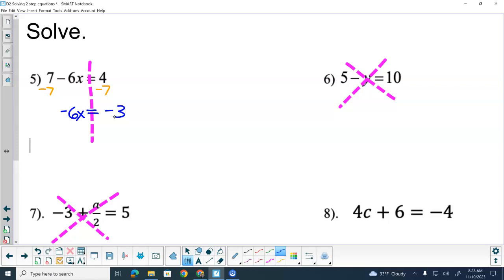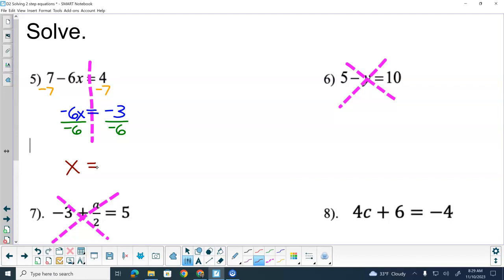They're multiplying. So what's the opposite of multiplication? Division. So I got to divide both sides here by negative 6. Okay. On the left side, I just get x. Because that's why I did what I did.